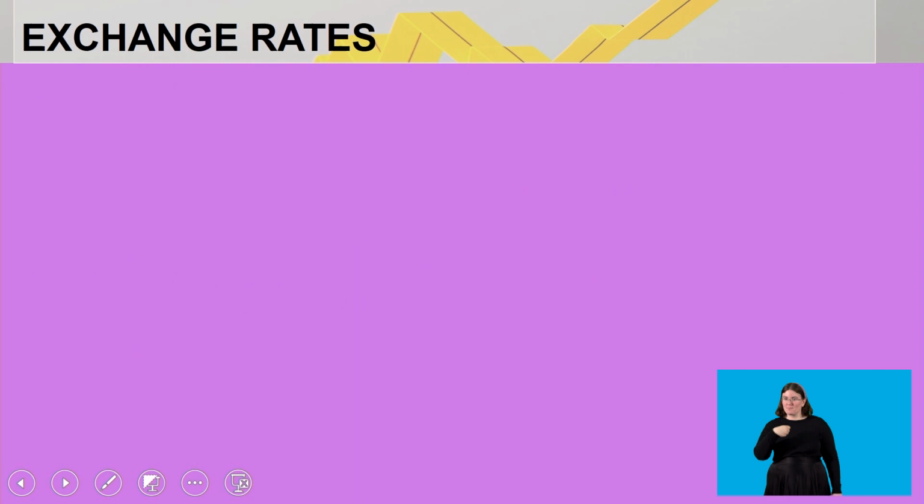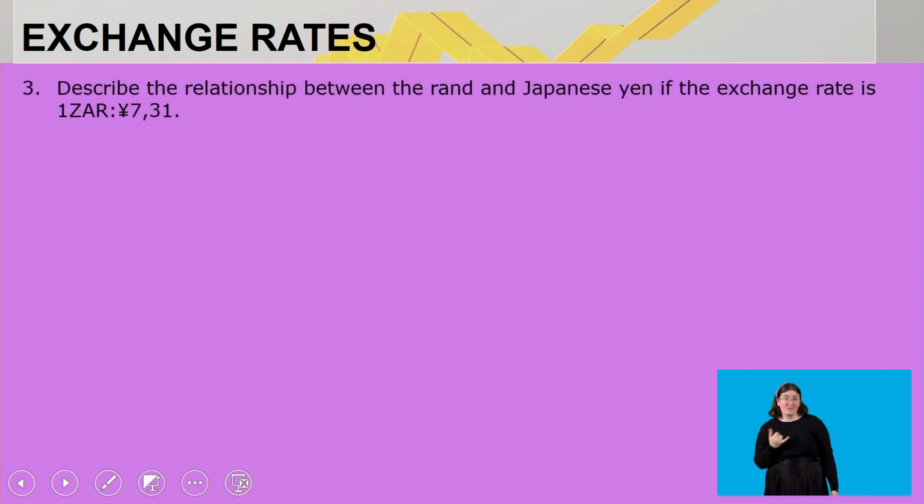Guys, I hope we are still fine so far. Let us now move on to question number 3. It says, describe the relationship between the rand and Japanese yen. So we are looking at the rand and Japanese yen. If the exchange rate is 1 ZAR, South African rand, equals 7.31 Japanese yen. Now if you look carefully, you'll see, in this case, the South African rand is stronger, right?